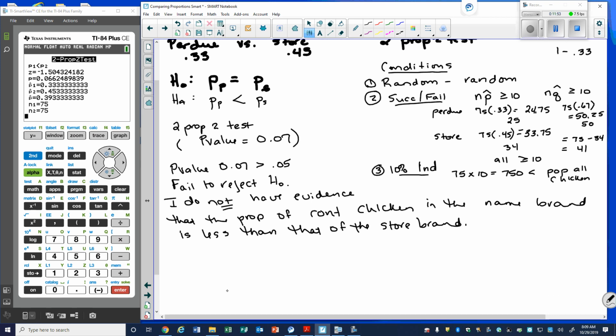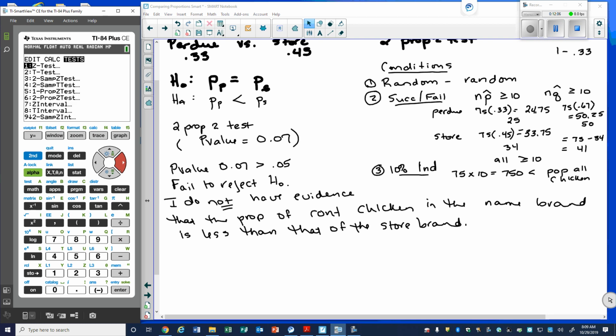Now, if we wanted to support that, we could also run the confidence interval. So if we went back to Stat and went back to Test, and instead of running the test, we came down and chose the 2 proportion z-interval, same type, just an interval instead of a test.